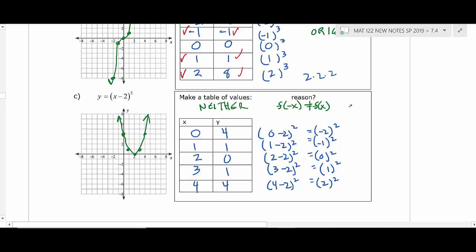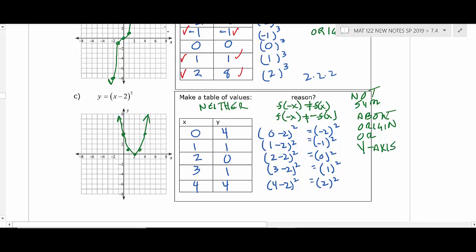So in other words, opposite x's don't give you the same y. And the other one would be opposite x's do not give opposite y's. So it's neither of those. You could also say it's not symmetric about the origin or the y-axis. So that one doesn't have the symmetry.